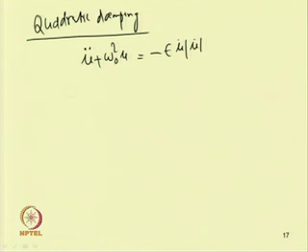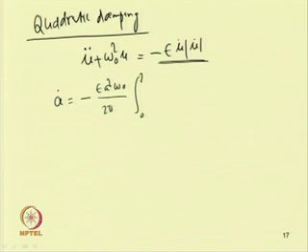In this case one can write the a dot equation in this form: a dot equal to minus epsilon A square omega 0 by 2 pi, integration 0 to 2 pi of sin square phi into mod sin phi. This is sin phi into u dot, and for u dot one can substitute this.